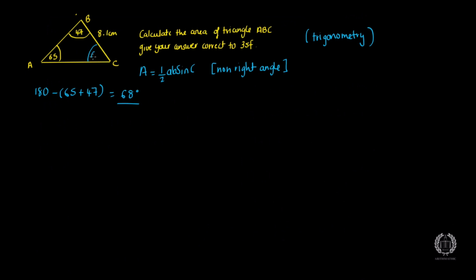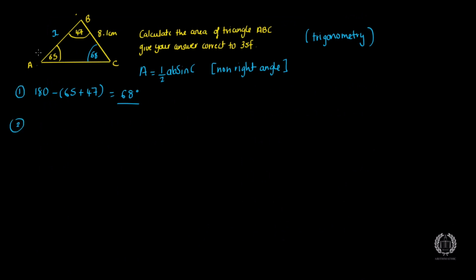Okay, so this is 68 degrees. What we can do now is, because I have this length here, I can get this length, so then I can find the area of the triangle, because then I have this angle. So for me to get this length, I'm going to label this as x.